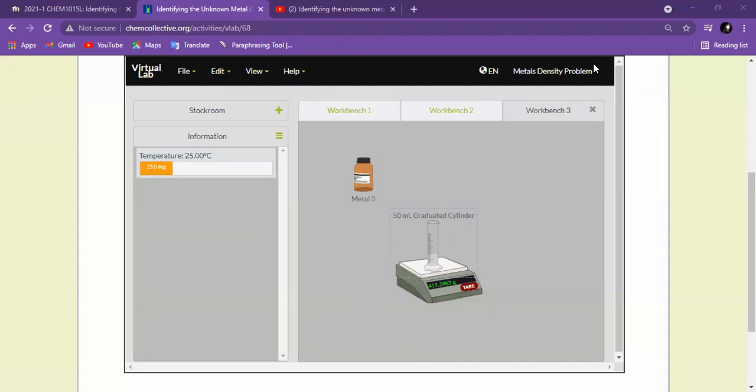Therefore, we can conclude that metal number 1 was silver, with a density of 10.57, metal number 2 was rhodium with a density of 12.18, and metal number 3 was platinum, with a density of 21.55.